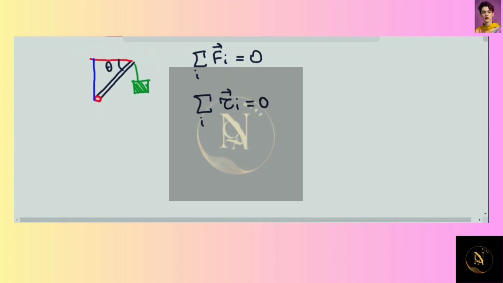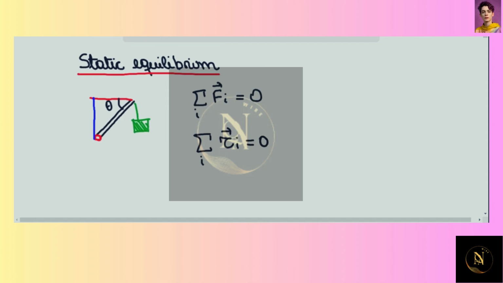Okay, so now we can go on to our problem. Before going on, we just need to remember that the torque, tau, is equal to F cross R, where R is the distance between the point where the force is being applied and the center of rotation.